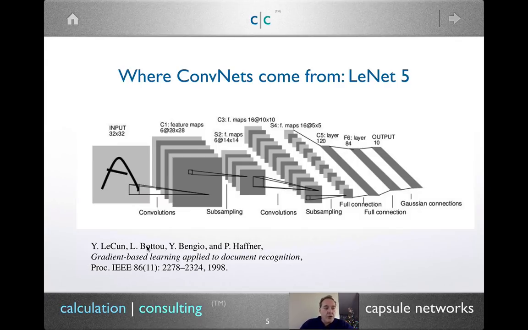Let's just review how this works. In a convolutional net, let's say we're trying to recognize the letter A, which is a 32 by 32 pixel image, in this case just black and white. We feed the pixels into a convolutional layer, and we get a variety of feature maps, which detect very low-level features. We then perform subsampling, which today is mostly done by max pooling. And this gives us a downsampled result.